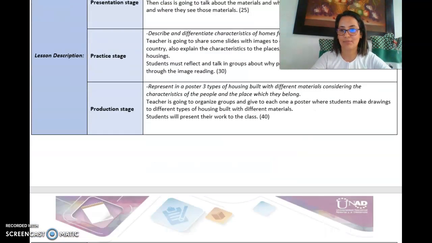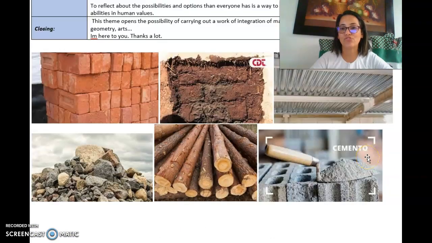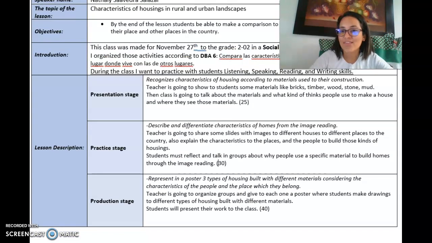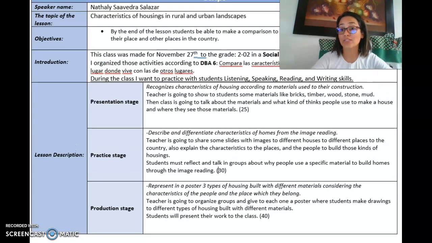But in real materials. So I show these to the students, yes, and they are going to talk about where they saw these materials.